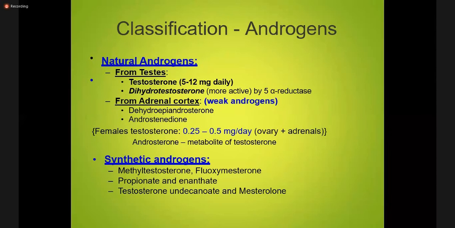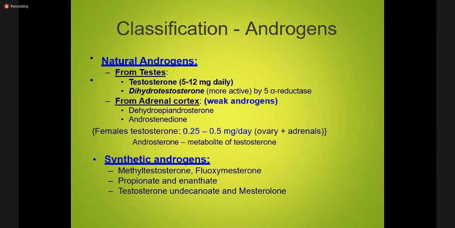And this is done with the help of an enzyme known as 5-alpha reductase. So although in the blood you would find testosterone, the main player at the cellular level is dihydrotestosterone. This is the active compound that goes intracellularly and does all the functions. These are the natural androgens.